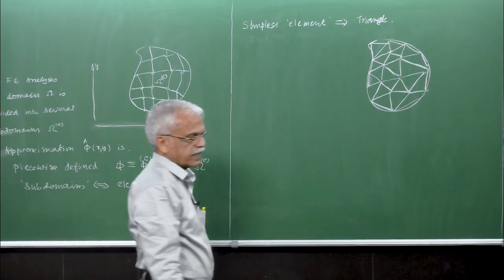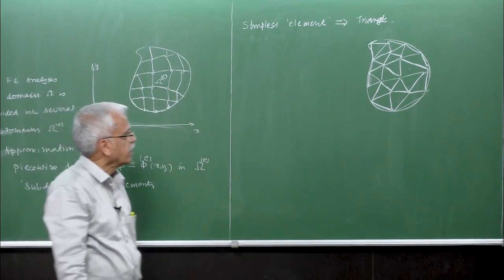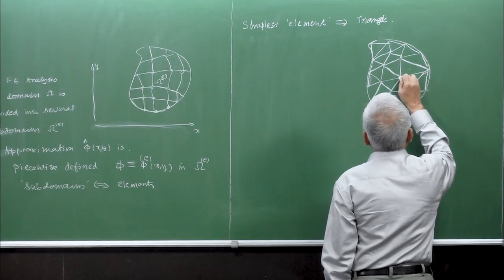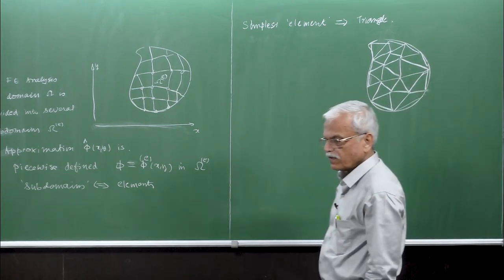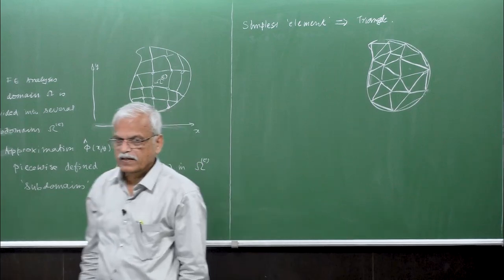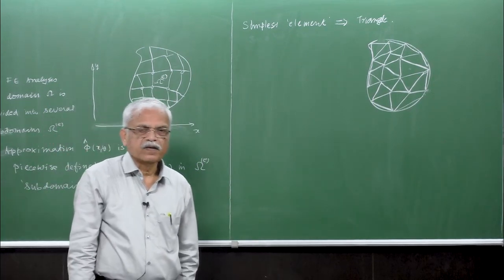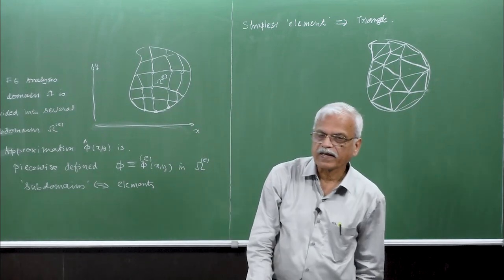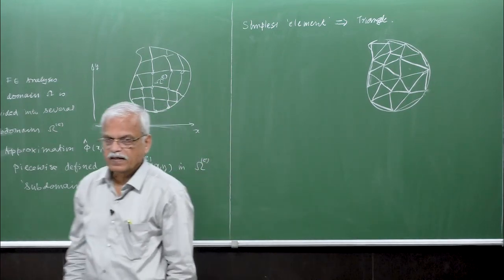You can see that triangles have three sides with three nodes, and they need not be of the same size or the same orientation. They can be different, but basically they are triangles with three nodes, three vertices.